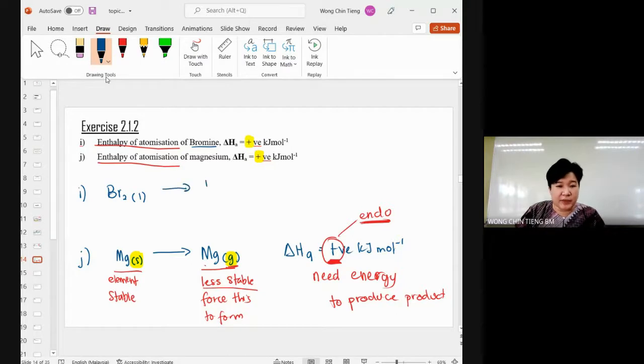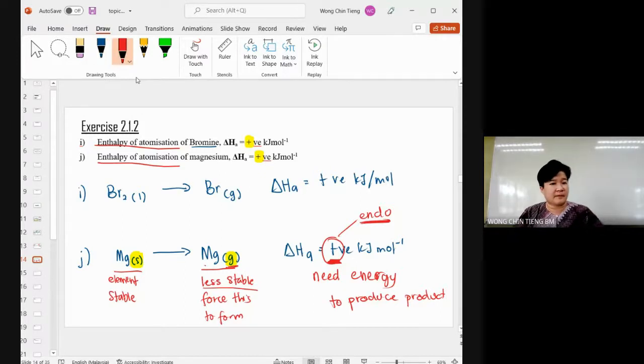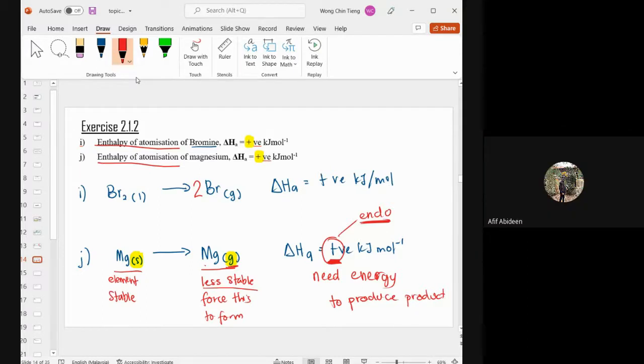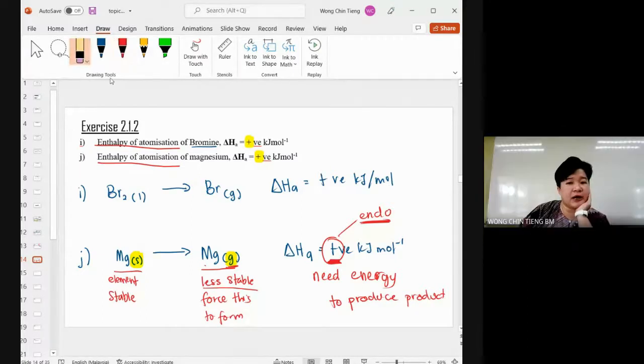Liquid, and you are forming bromine gaseous atom. Your enthalpy of atomization again is positive, and is my equation balanced? No. Can I put 2 over here? Half on bromine. Why half on bromine, Afif?